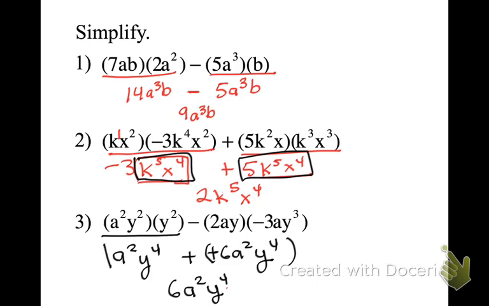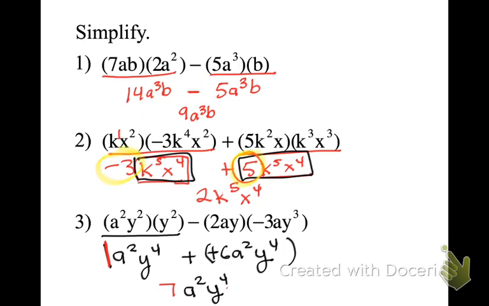Oh, wait a second. Are we right? No. What's wrong here? Oh, it's 1a. It's 1a. So it's really going to be 7. Okay, so again, we're adding and subtracting like terms here, so you don't multiply the 6 and the 1, because I subtracted 5, positive 5 minus 3.